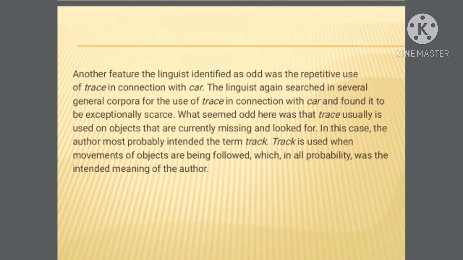What seems odd here was that "trace" usually is used on objects that are currently missing and looked for. In this case, the author most probably intended the term "track". Track is used when movements of objects are being followed, which in all probability was the intended meaning of the author.